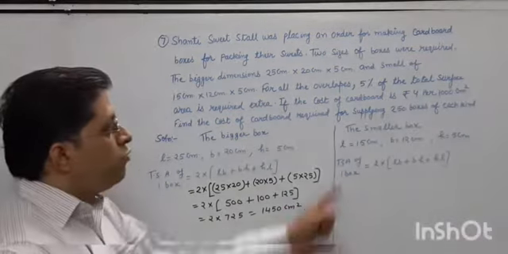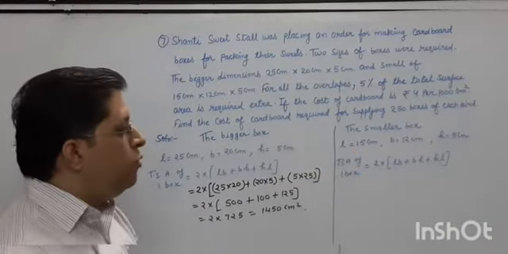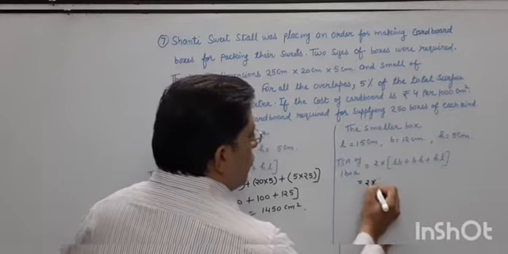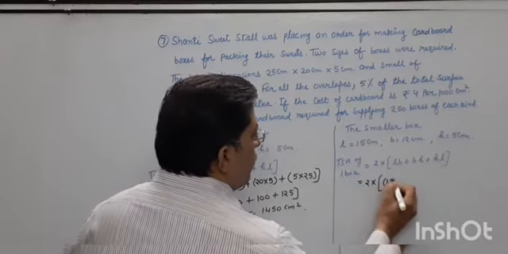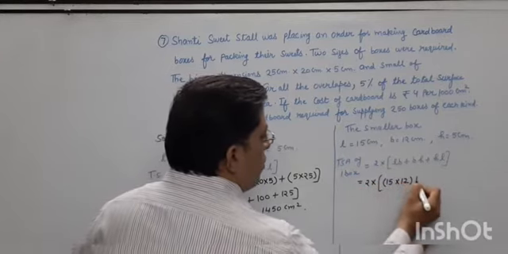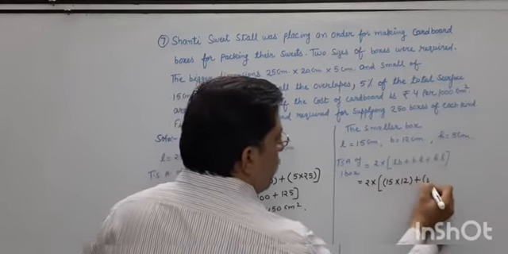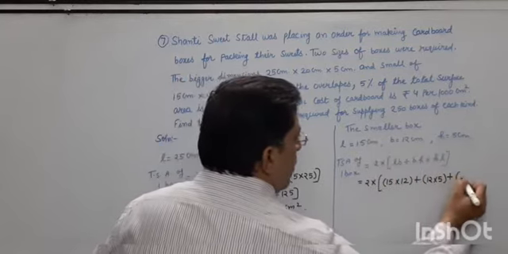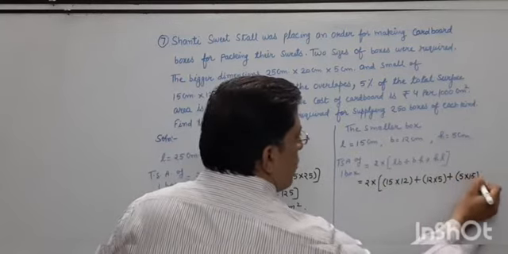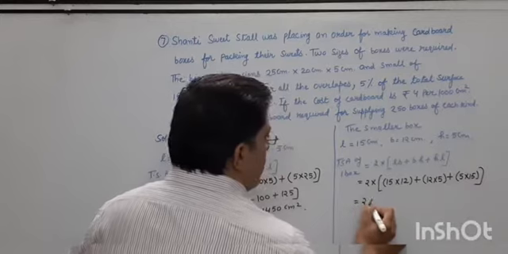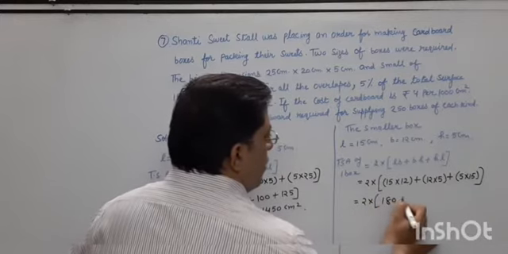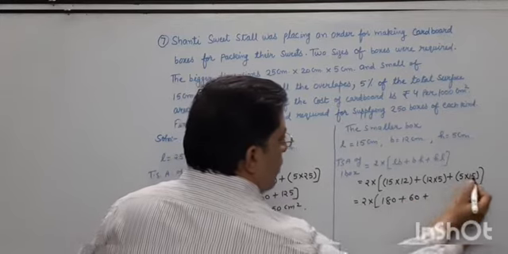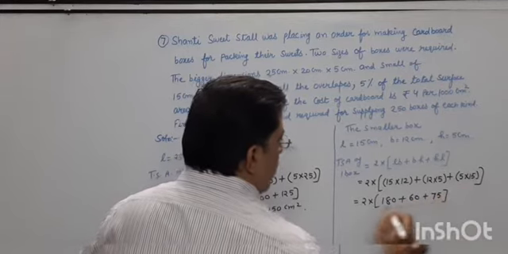Then next one for smaller box, LBH is given to you. Put the values here. TSA of one small box 2 into LB 15 into 12, BH 12 into 5 and HL 5 into 15. Then what will come, this is your 180, 12 5s are 60 and 15 5s are 75.